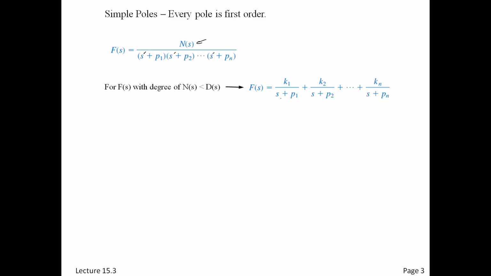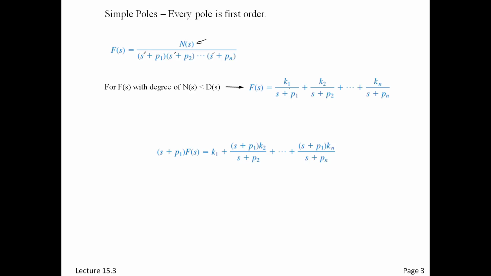That's just, right? If I cross-multiply all these terms, the terms of the numerator will end up less than the degree of the denominator. If that isn't the case, I'm not going to be able to do partial fraction expansion. Okay? So that's one thing.